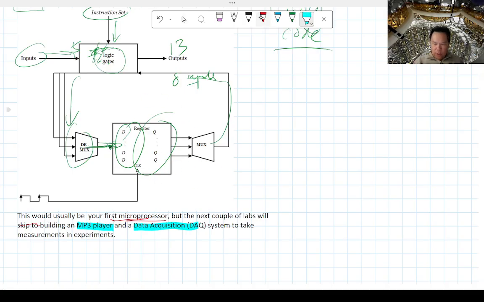One more thing I just want to note is that, yes, these registers are in your electronics hardware. This can be maybe your RAM or something like that. A lot of times this needs to get transferred to storage.